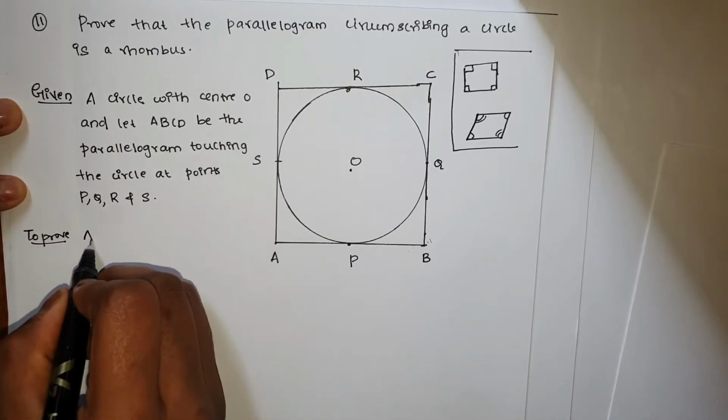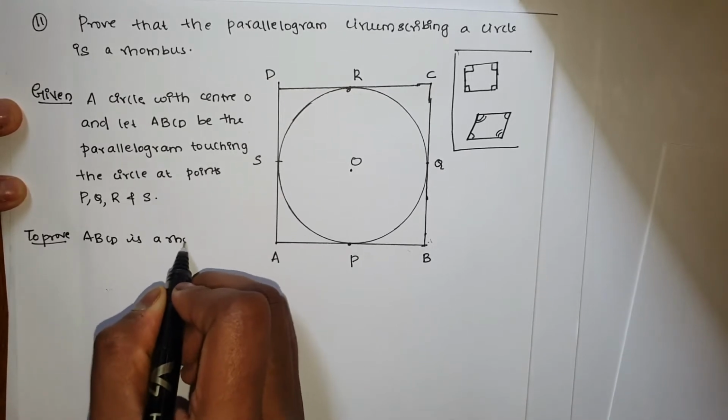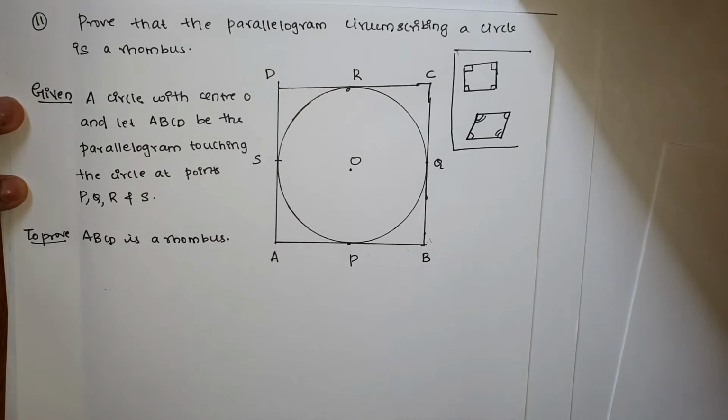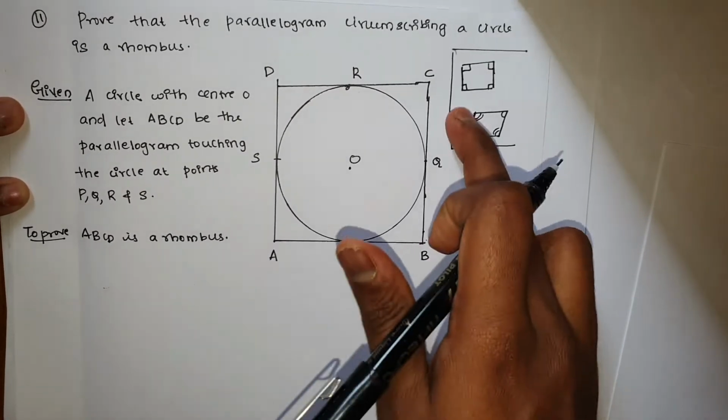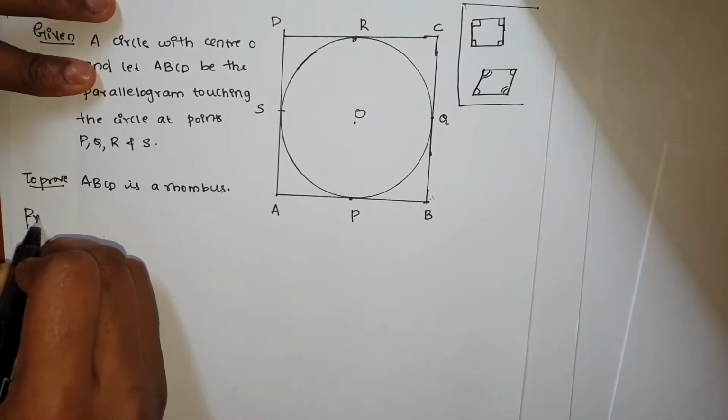We have to prove A, B, C, D is a rhombus. Next is proof.